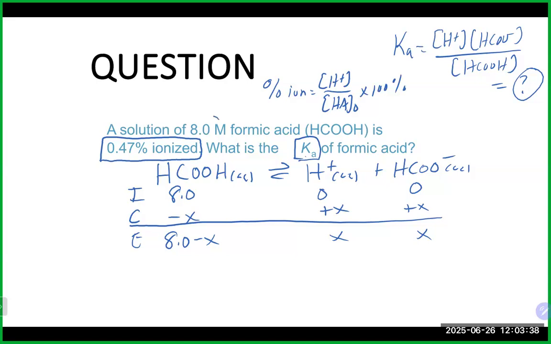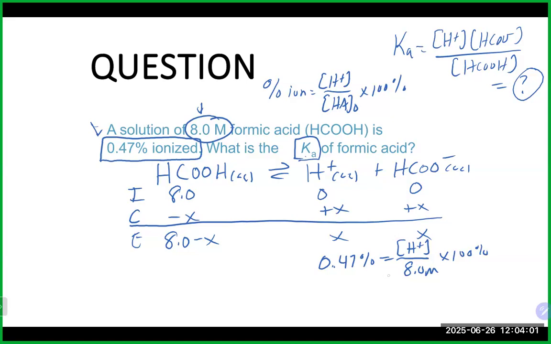So we know the initial concentration of our acid, which is right here, and we do know the percent ionization. So if we put those numbers in, 0.47% ionized equals the H plus concentration over our initial concentration, which was 8 molar, times 100%.